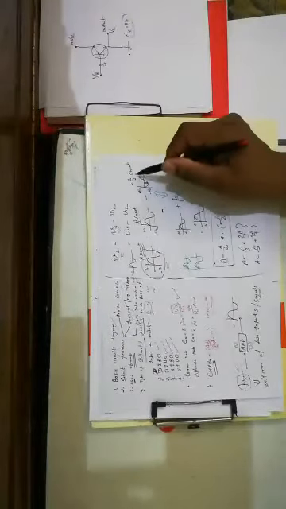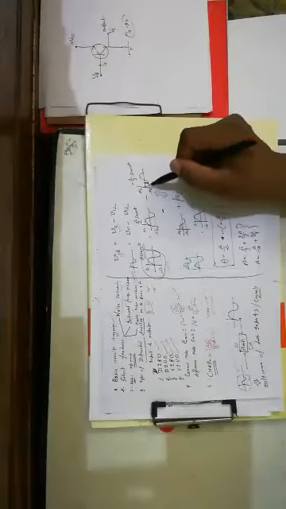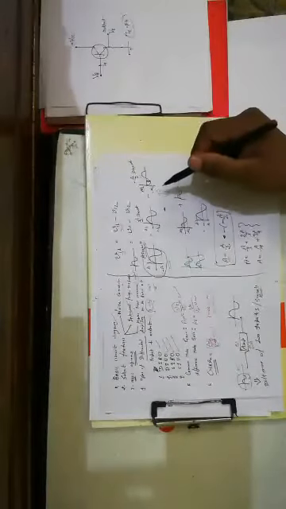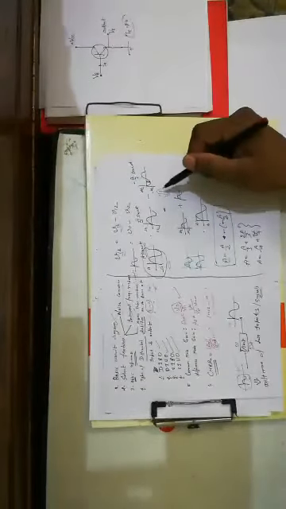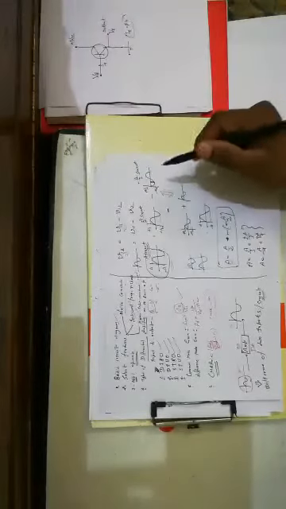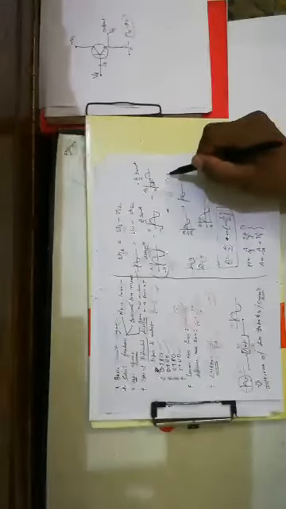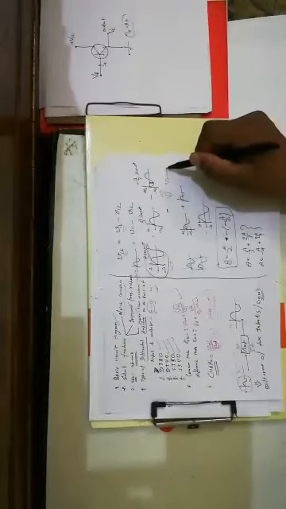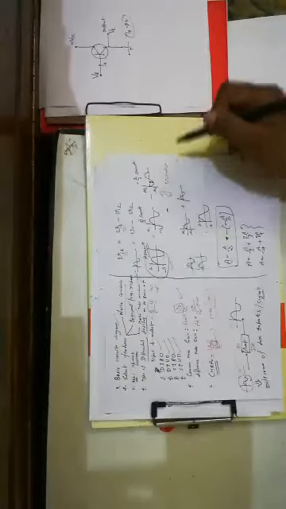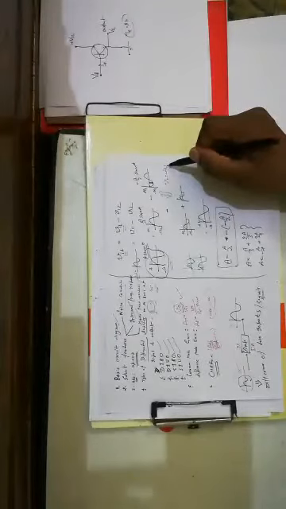Let us cross check this. A by 2 sin omega t, and at 90 degrees this must be minus A by 2. By the geometry of this signal, I can represent it like this, because of the negative sign, and we know that if something is like this, V naught equals minus A V i.